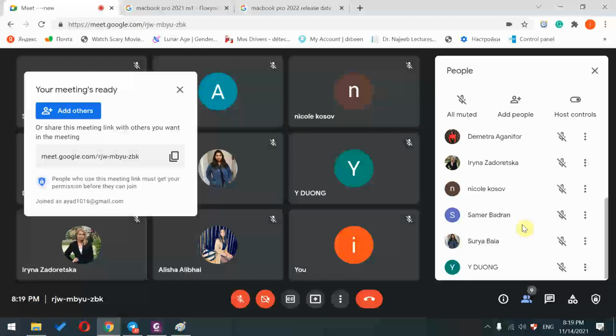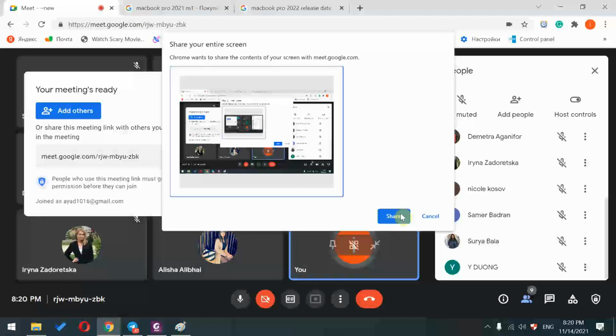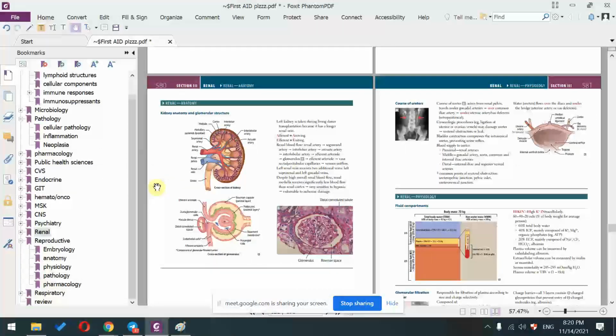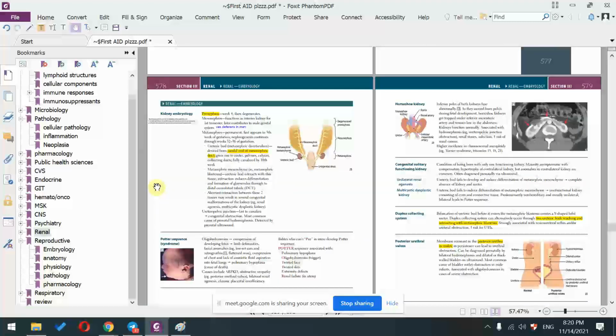Excellent. Now we are going to speak about Potter sequence. Potter sequence happens due to oligohydramnios, which is a decreased amount of the amniotic fluid. We said that the amniotic fluid is the pee of the baby. So will you have less amniotic fluid if you have a problem in the swallowing of the amniotic fluid or having a problem in the kidney?